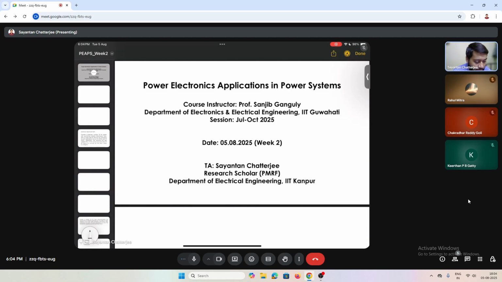As the days move forward, we'll see how reactive power compensation and the importance of power electronics applications in power systems will be detailed. For the time being, a bit of power system modeling and designing will be discussed. So you will find this course tilting towards power electronics from week 4, mostly.